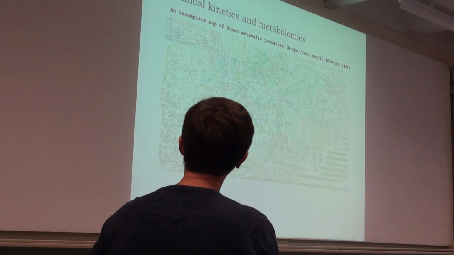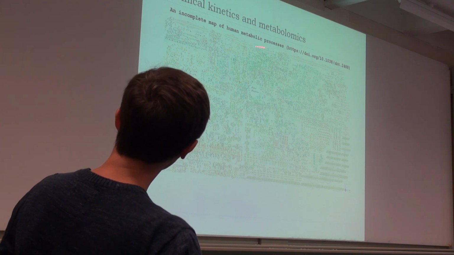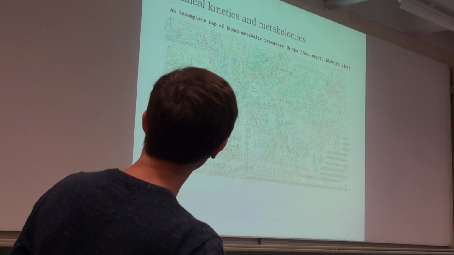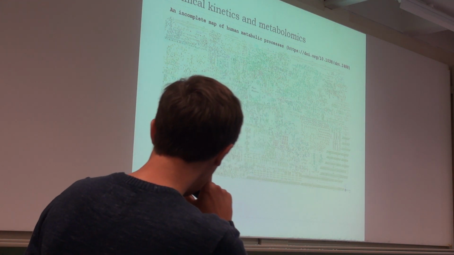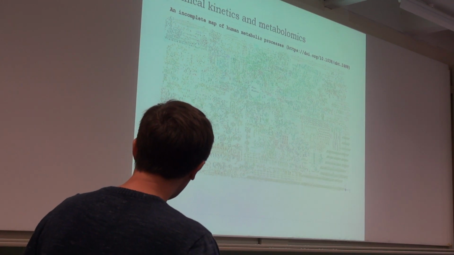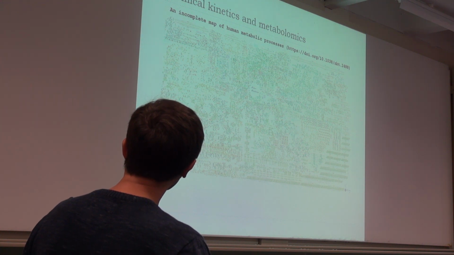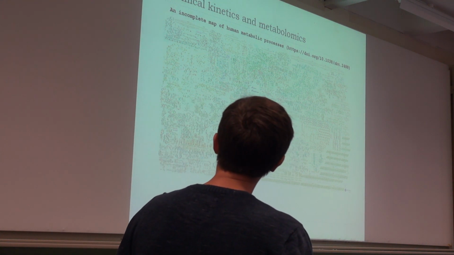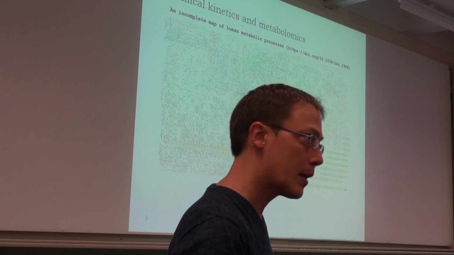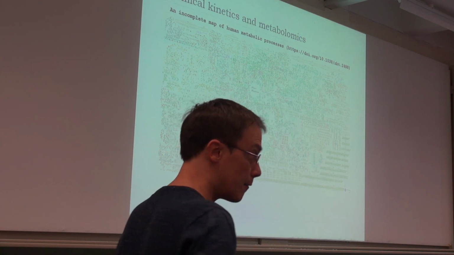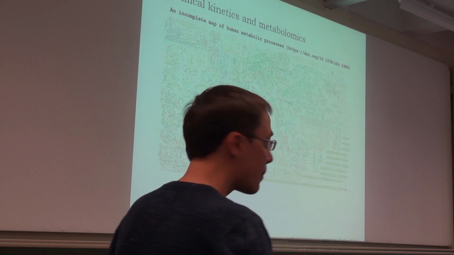We now compute rather a lot. So this enormous map, so I have to zoom it out so much, is because it is a complete, well, they claim it's complete, I rather suspect a few things are still missing, map of human metabolic processes. This is every significant chemical reaction that happens in your body.